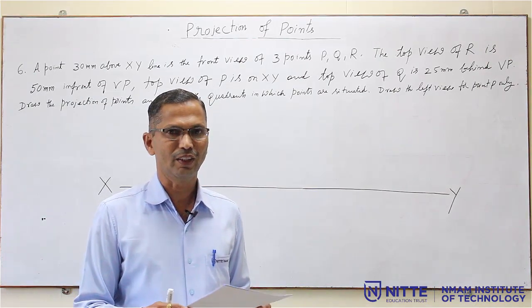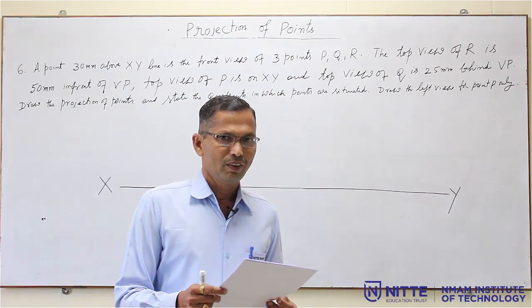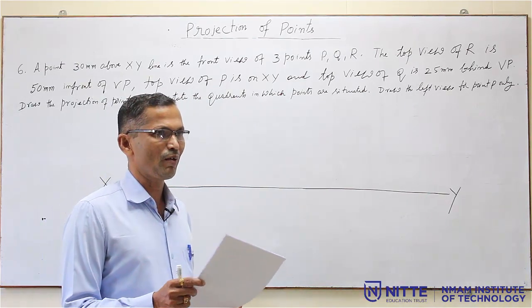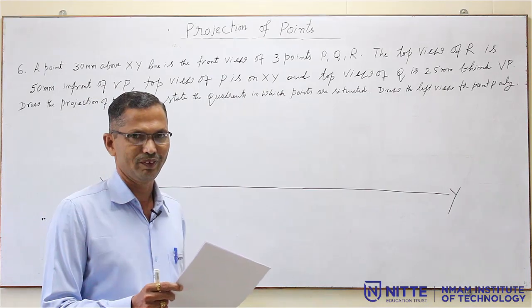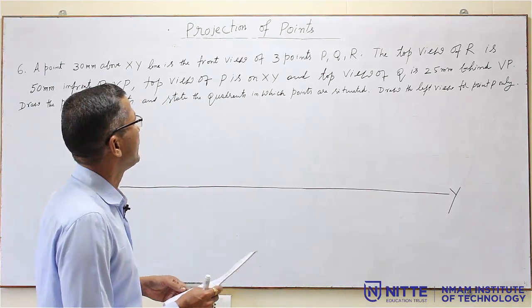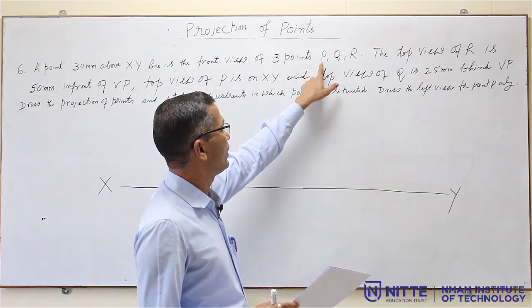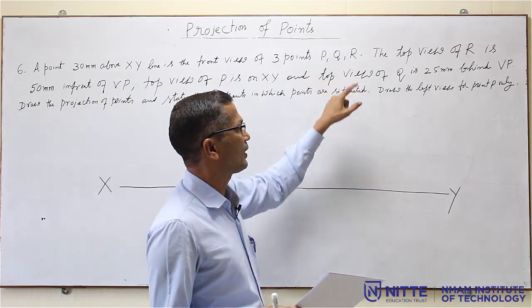It is not necessary to belong to the same quadrant. Then when we are solving multiple points under one xy line, that means in this case we are going to solve 3 problems. Actually, these are the 3 points P, Q, R.